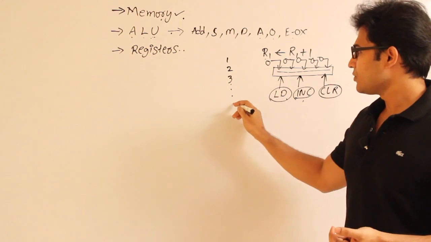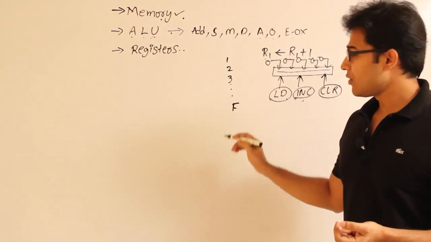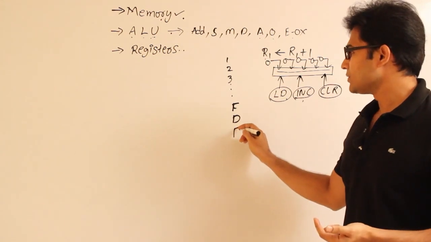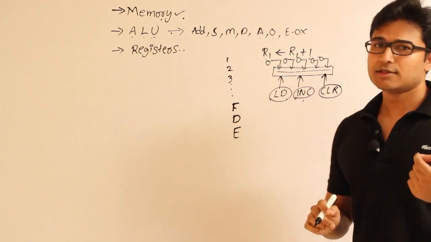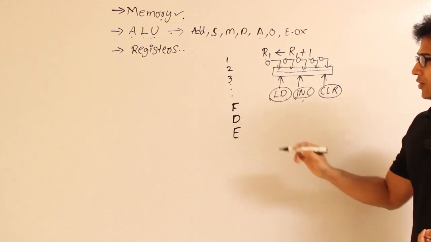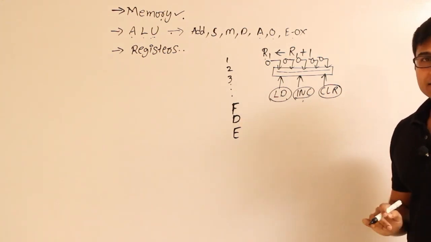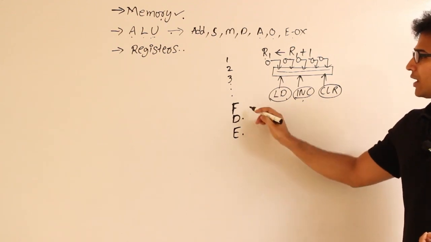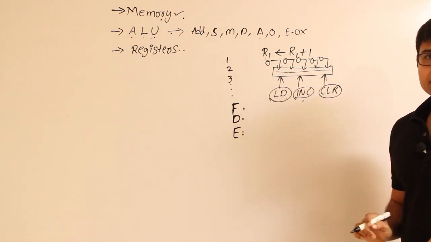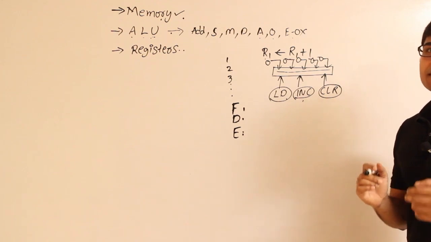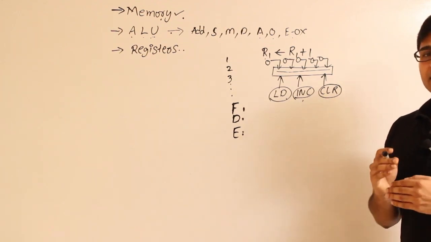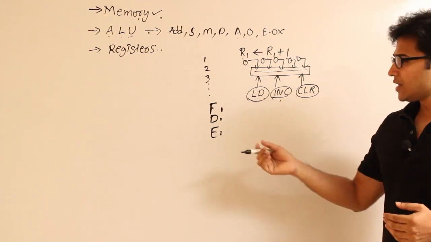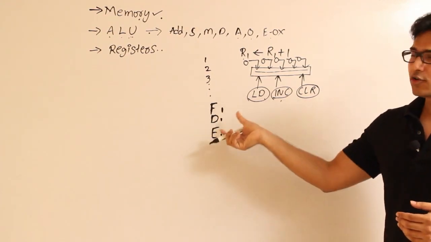So we have to fetch the instruction, and after fetching we have to decode it, and after decoding we have to execute it, in the simplest way. Now you cannot decode it before you fetch, or you cannot execute it before you decode. Therefore these three operations have to be done in a timely manner, which means there should be a timing circuit which has to time all these operations.